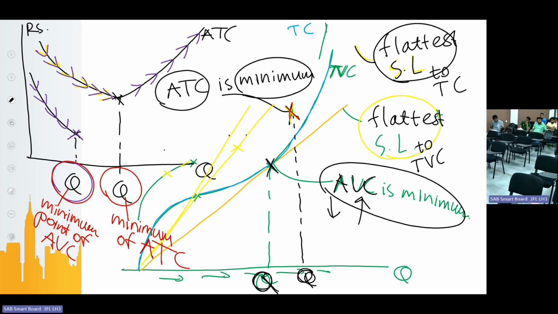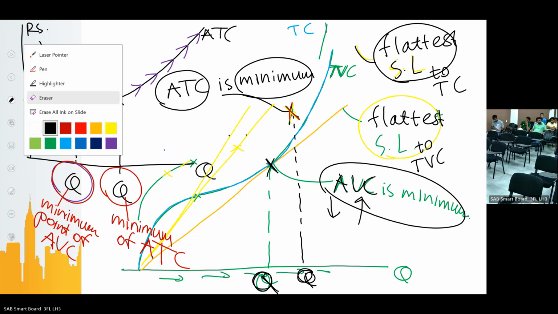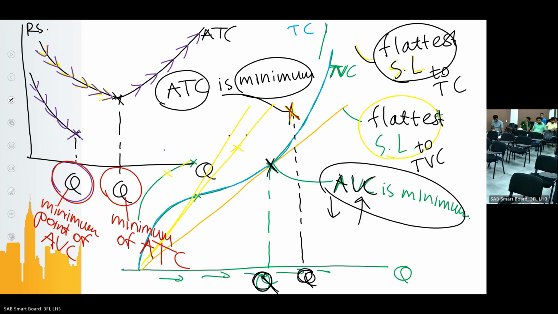ATC takes a U shape, and ABC doesn't cut it, but it also takes the U shape. And this gap is reducing.